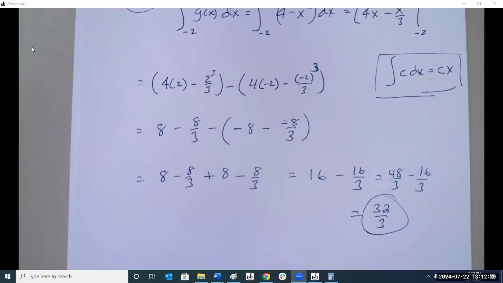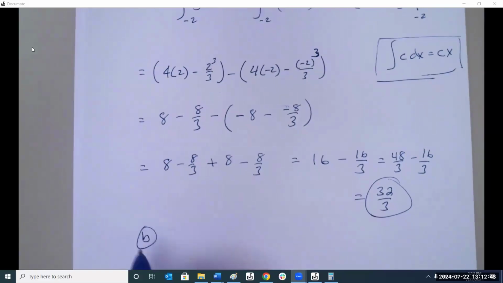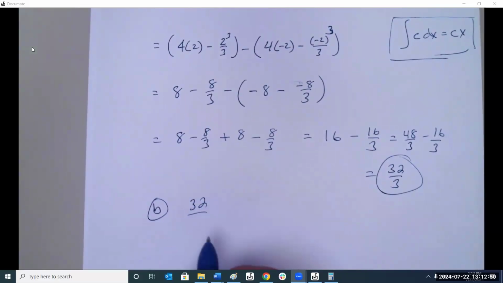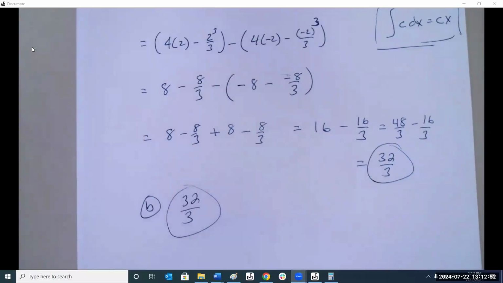And B said the area between the graph and the x-axis over that interval. Remember, area can never be negative. So since they're both the same numbers, take the absolute value of it. The area of the two functions is 32/3.